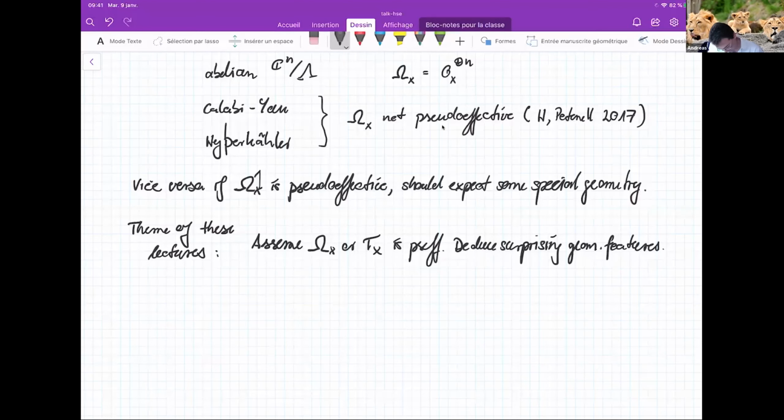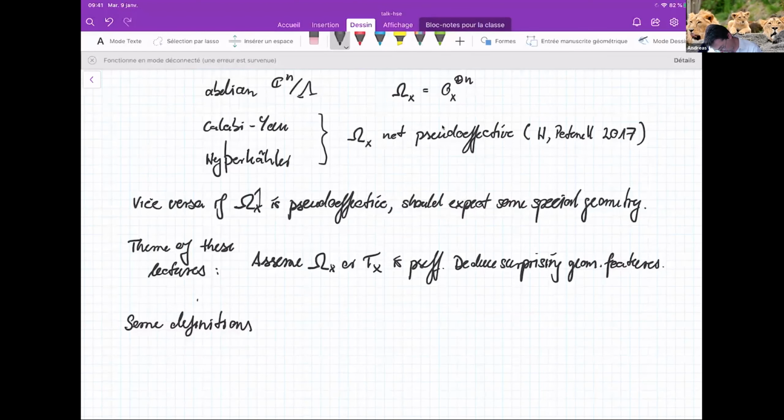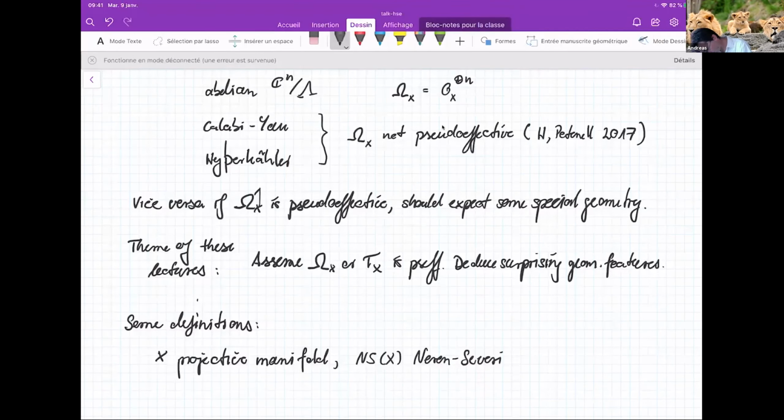Okay, so first, if you take X, some projective manifold, then you look at the Néron-Severi group of divisors. So NS of X, that's the Néron-Severi group of divisors, modulo numerical equivalence.